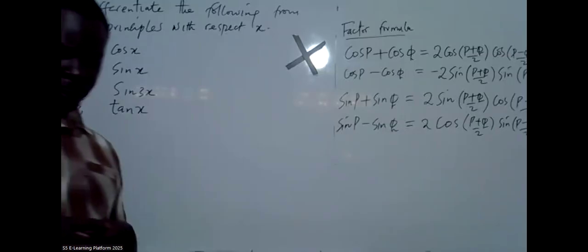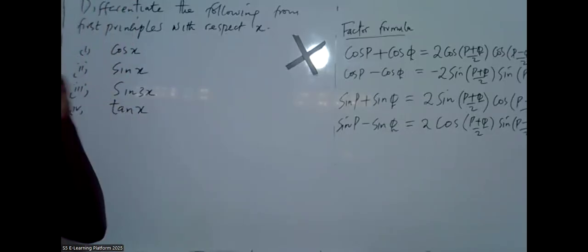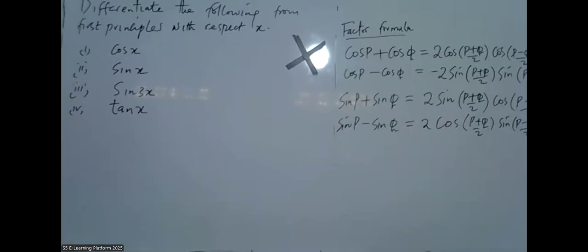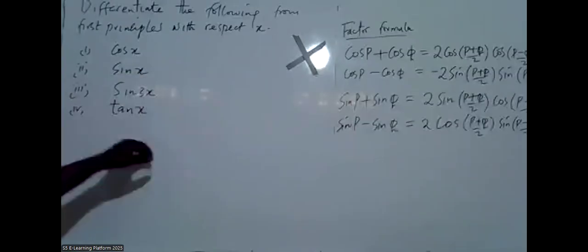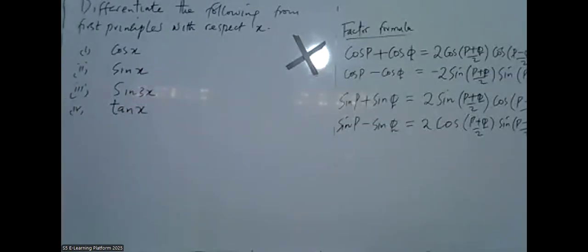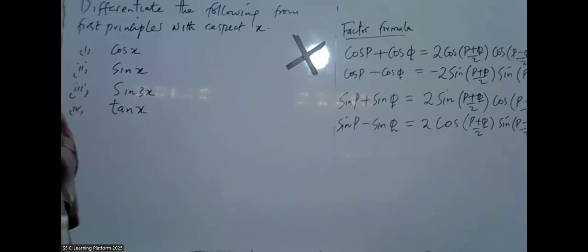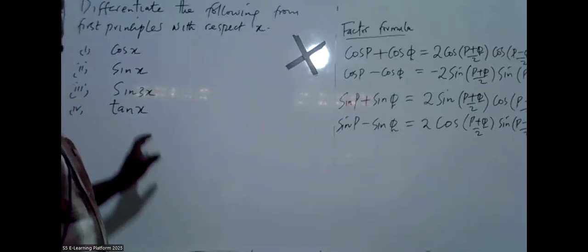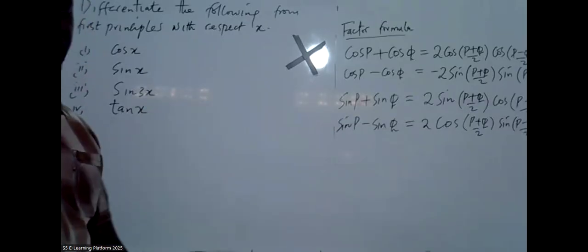Now, the first thing before we write the solution, you need to remember as well that when we are using trigonometric functions, the value x is an angle which is measured in radians. In calculus, everything is in terms of radians, not degrees. So what we have as x here, x is measured in radians.